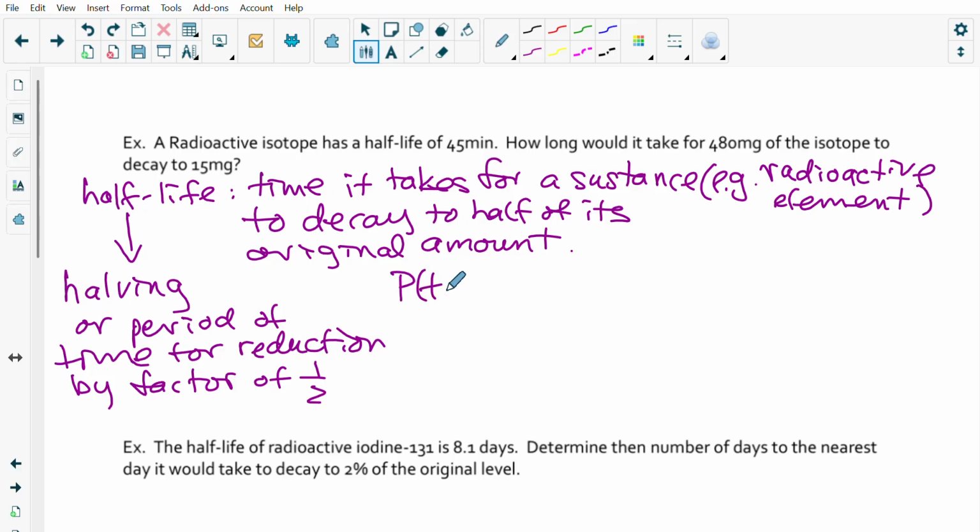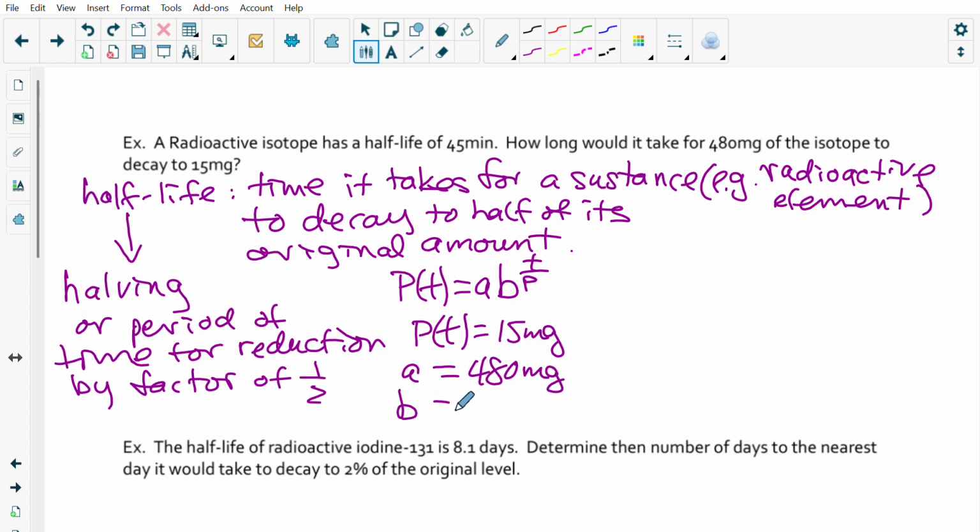Okay, so let's define our values of our equation. So P of t equals A B to the t over P. Our final amount that we're decaying to is 15 milligrams. The initial amount is 480 milligrams. Our B value, right, we're decreasing by half, or 50%, so it's 1 minus 0.5, so the B value equals 0.5, or 1/2.